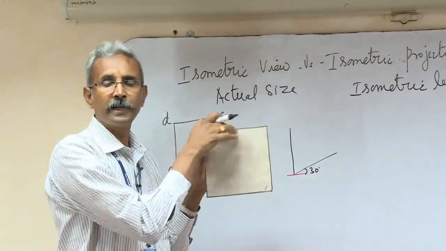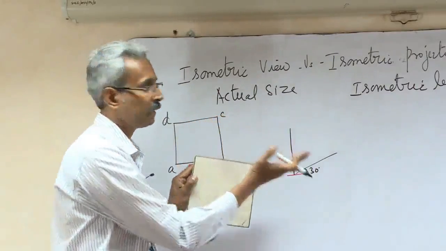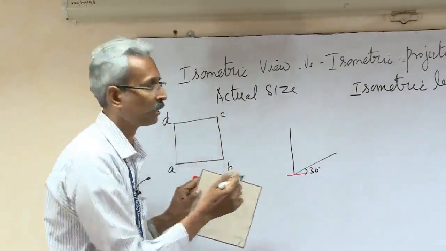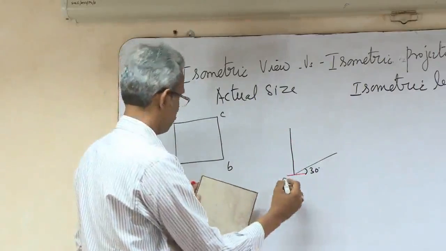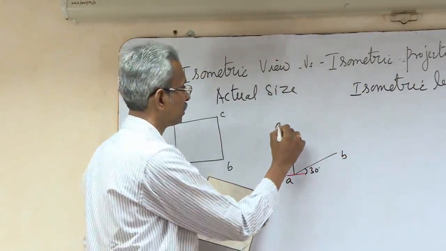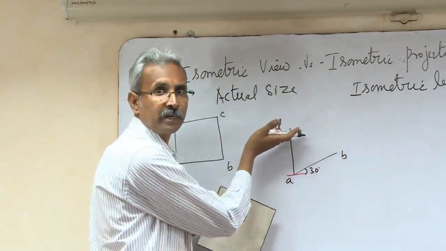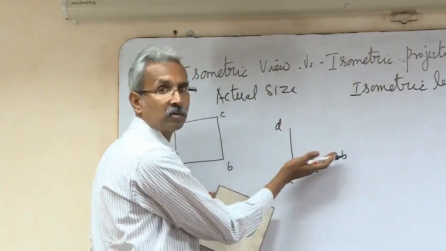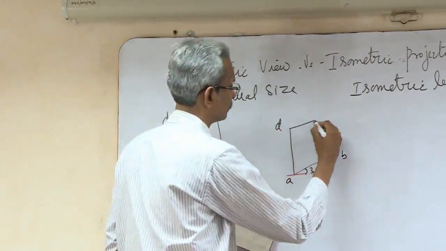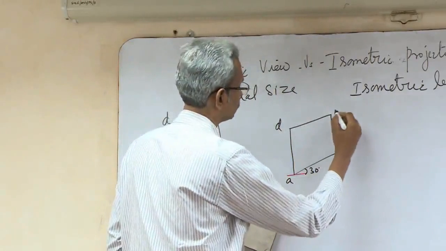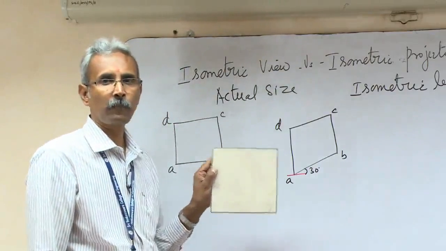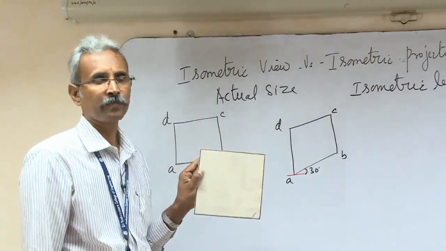So the top edge of the square will be parallel to this because isometric lines are all parallel to each other. So now this is A and this is B and this is your D, and from D draw a line which will be parallel to this and equal to the length of this. So this is the isometric view of the square plane.